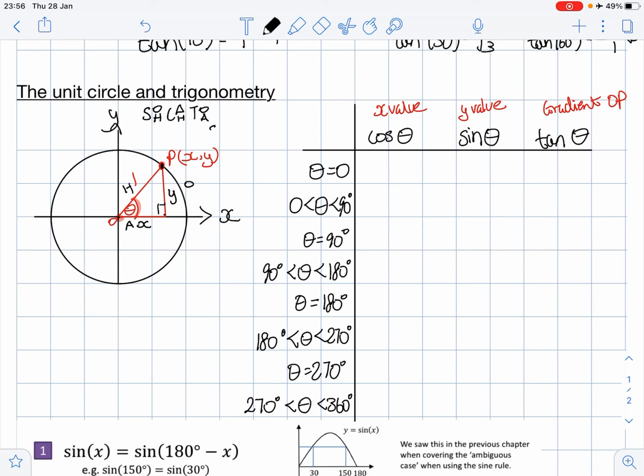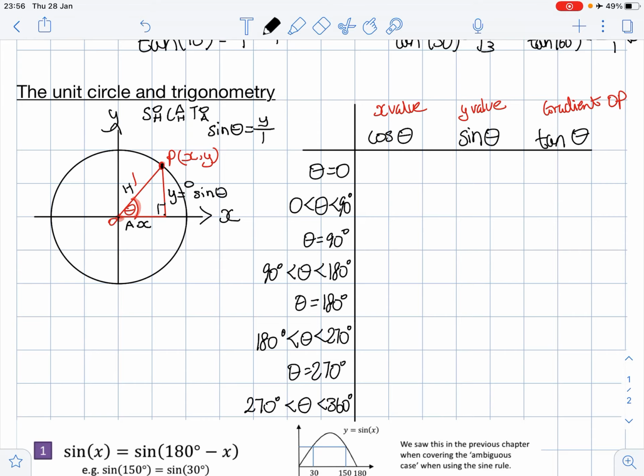Therefore, sin theta equals opposite, which is y, over hypotenuse, which is 1. Therefore, sin theta equals y. So we know y is equal to sin theta.